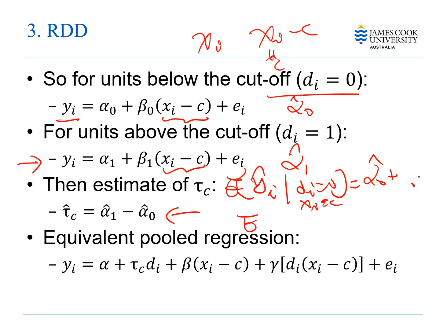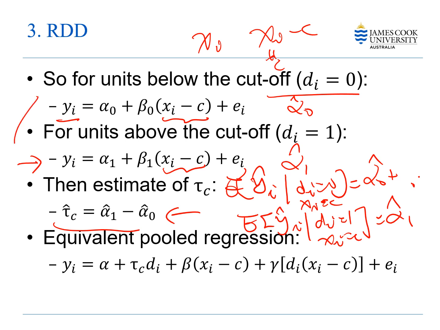Similarly for the treatment, it is equal to alpha 1 hat. The difference then tells us the average treatment effect at the cutoff.